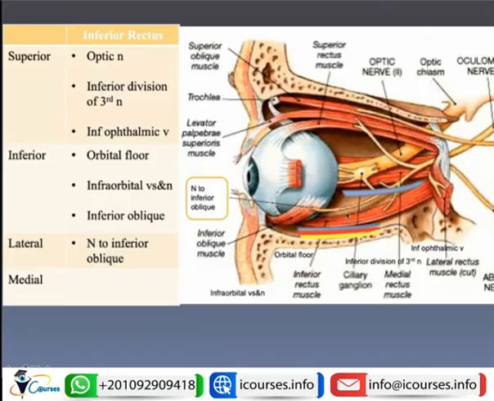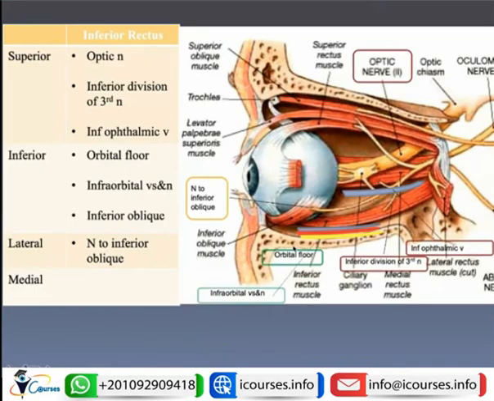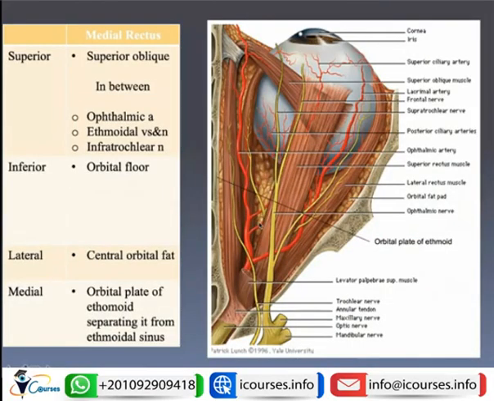What is lateral? It will be again the nerve to the inferior oblique. These are the relations of the orbital floor.